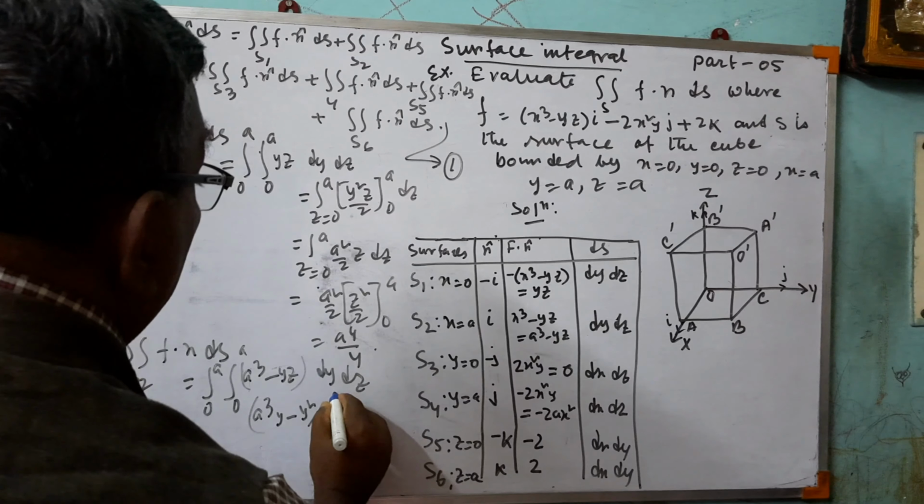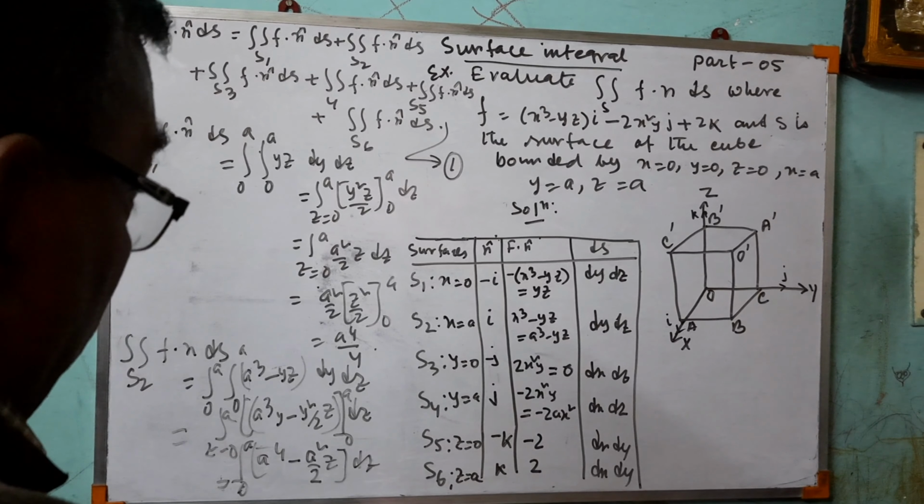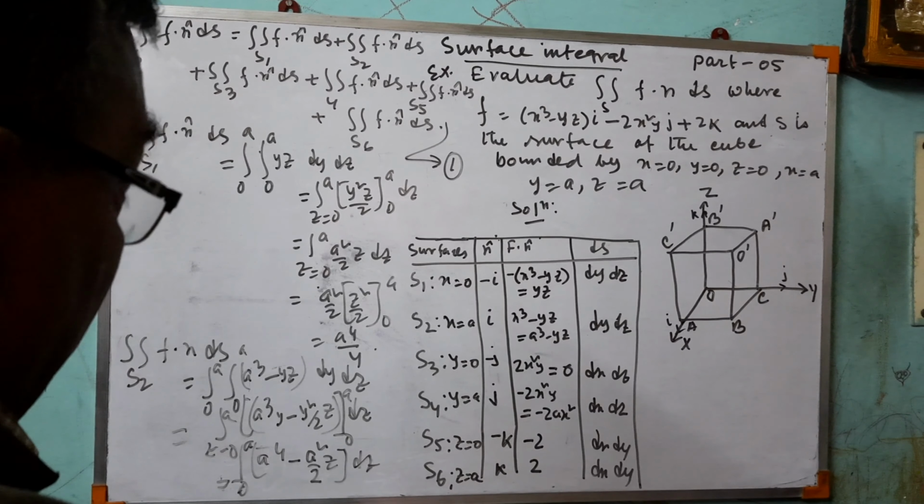Now integrating from 0 to a, a to the power 4 minus a square by 2 z, we get a to the power 4 z minus a square by 2 into z square by 2, that is a square z square by 4.